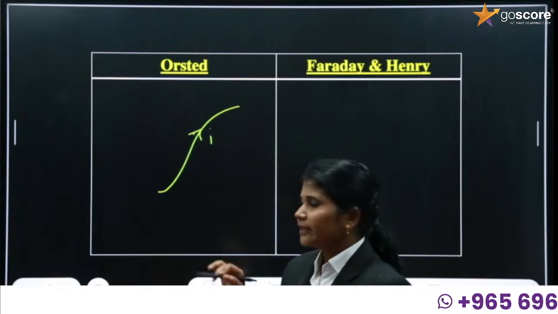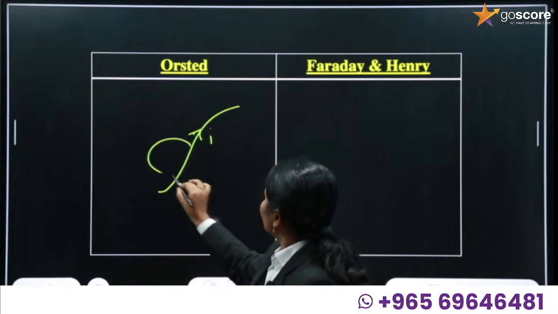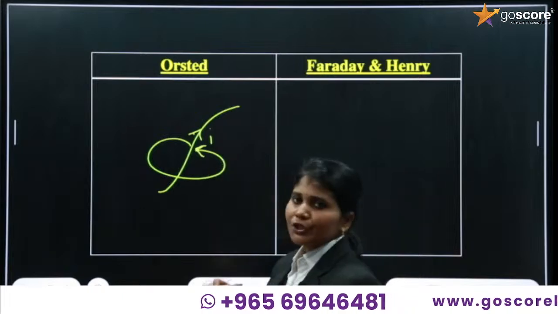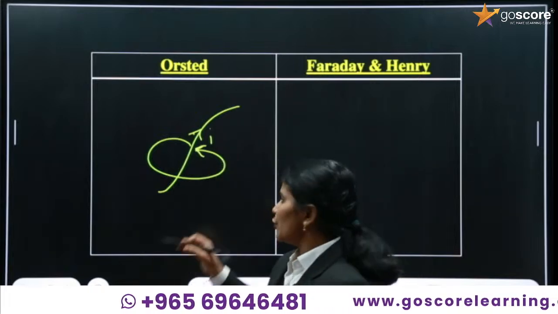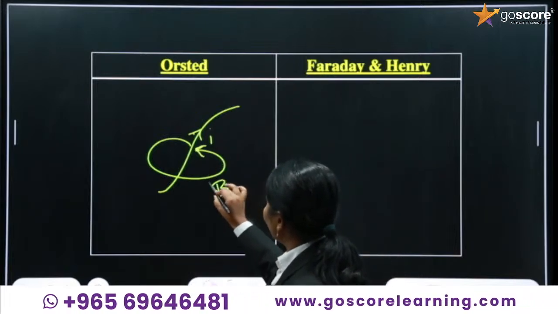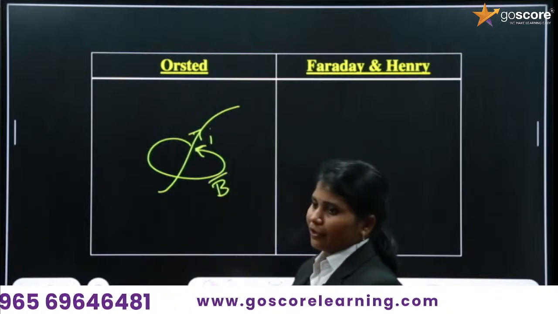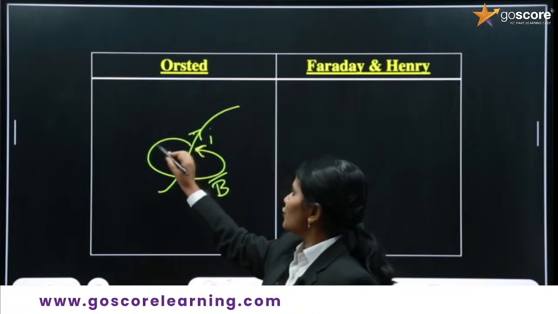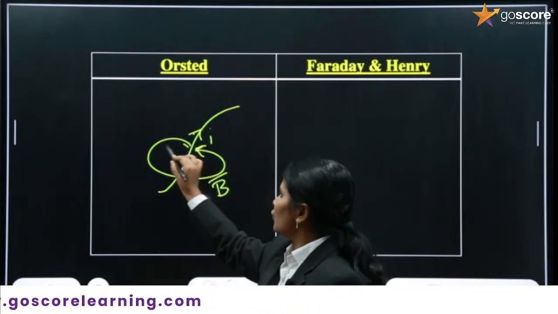Then Oersted discovered that this electric wire produces a magnetic field in the surroundings.